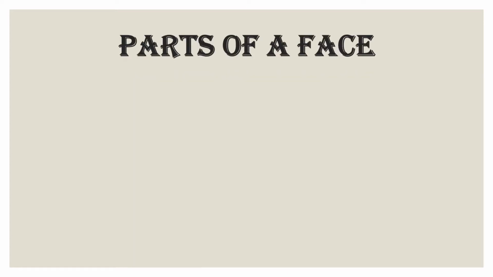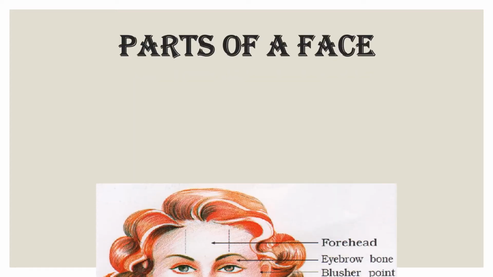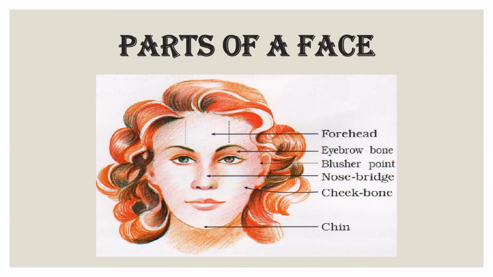So students, now I'm going to show you one picture on the parts of a face. So first of all, just have a look at this image. In this picture you can see the forehead, the eyebrow bone, blusher point, nose bridge, cheekbone and chin.